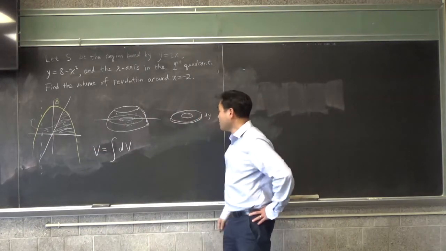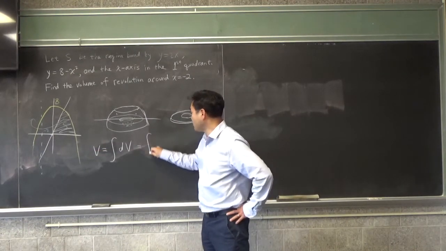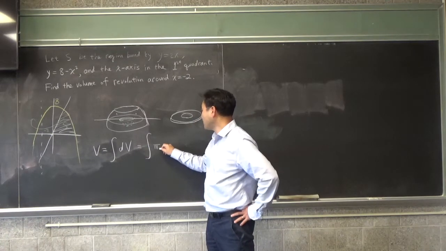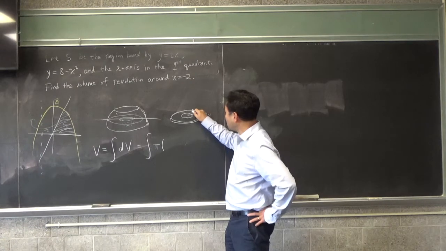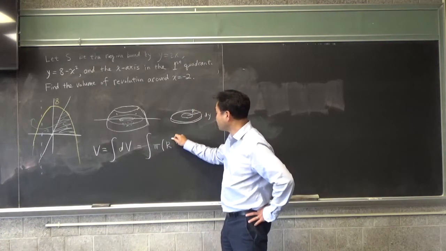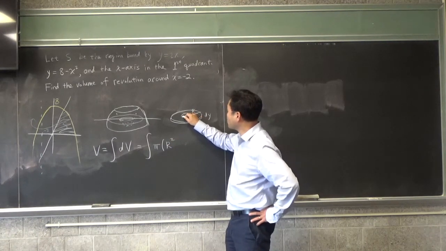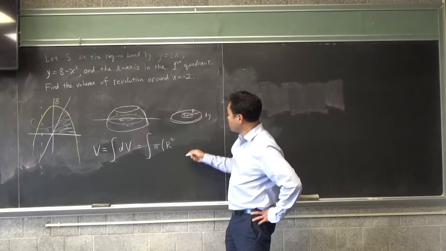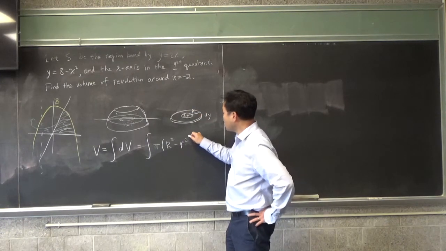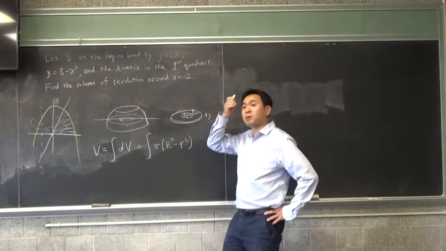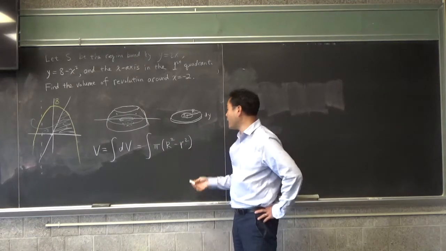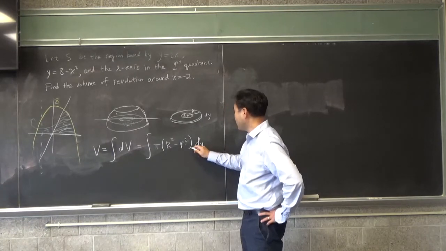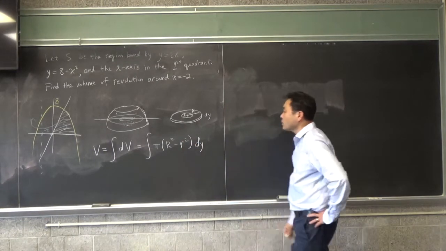So we need to integrate this by saying pi times, let's call the radius of the big circle capital R and the radius of the small circle small r. The area is pi R squared minus pi r squared, and after factoring the pi out, we have the integral of R squared minus r squared, then dy.